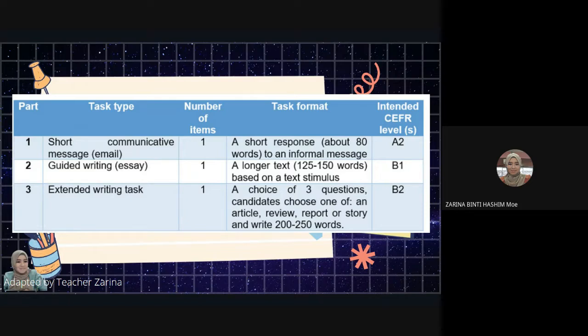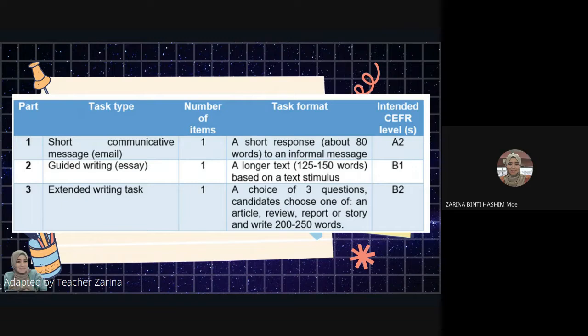These are all the formats and planning for your essay in paper two. You can refer to pages 180 to 186, which are all about the format for essays.